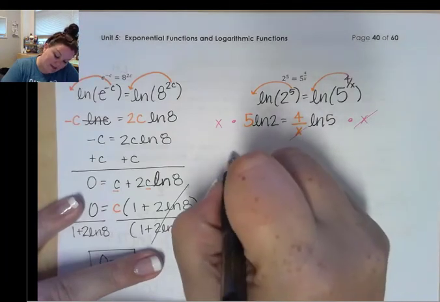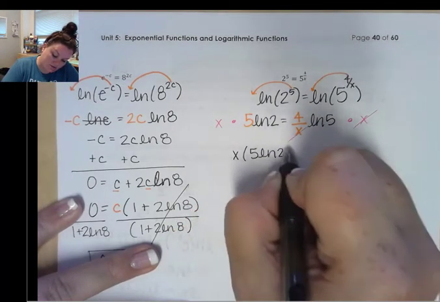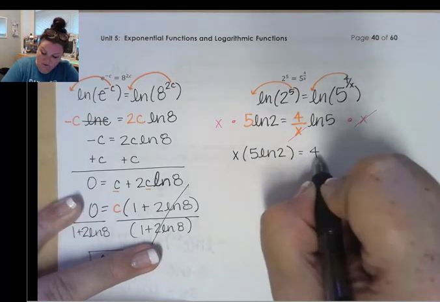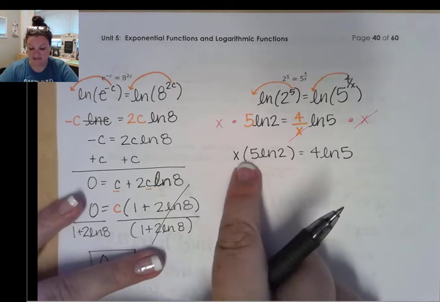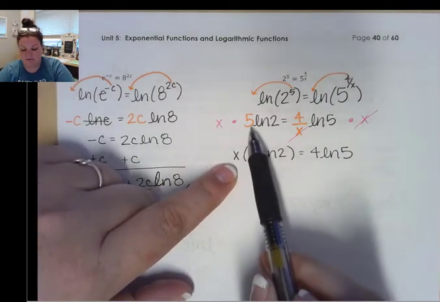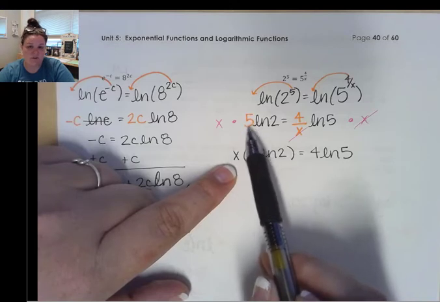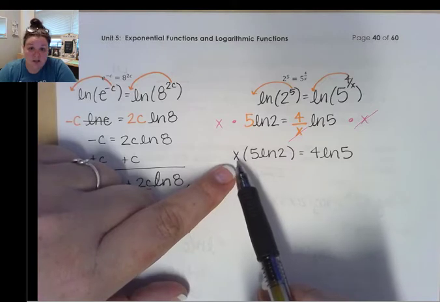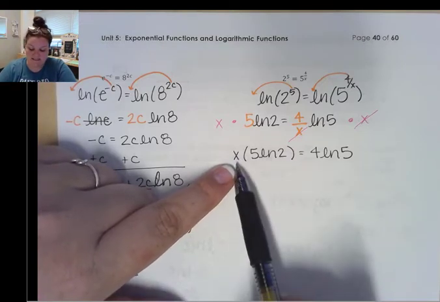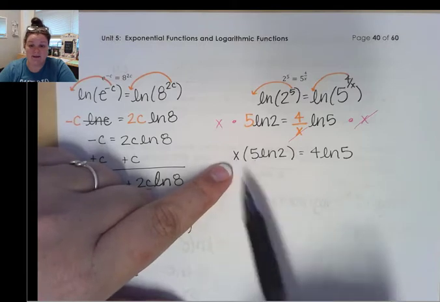So now I have x times 5 ln 2 is equal to 4 ln 5. Okay. And then you could see, now normally when we multiply by x, I would probably write this as 5x ln 2. We just write the x in the front with the number. But I specifically left it kind of out to the side because I'm solving for x. So this makes it easy for me to see that this is what I need to get rid of in order to get x by itself.